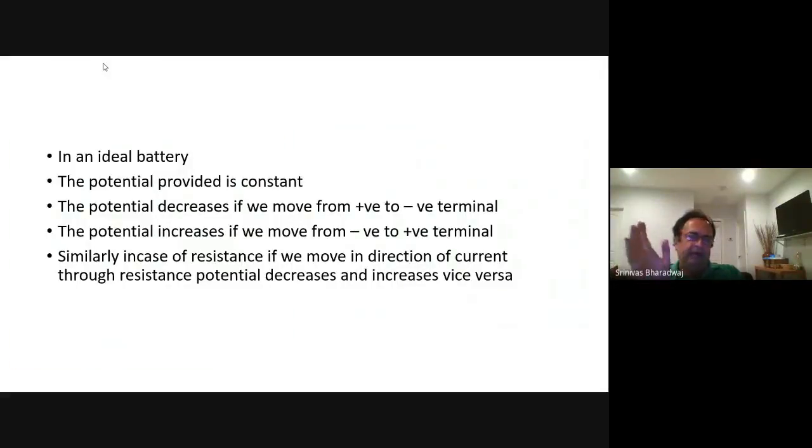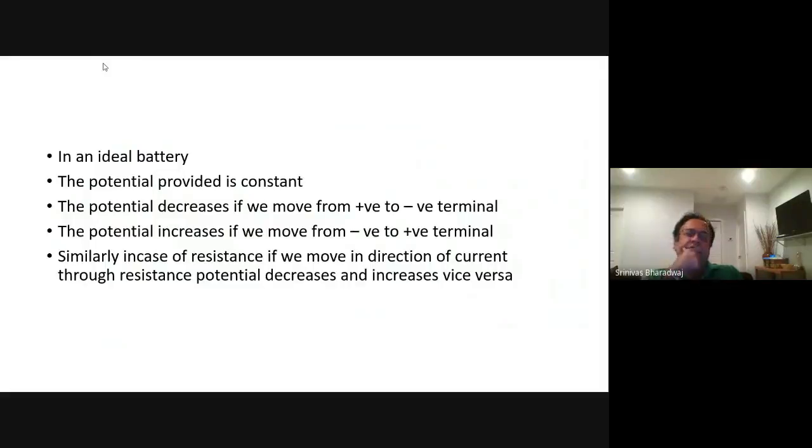you end up with this term called power. In an ideal battery, the potential that it provides will be constant between the terminals, but actually, because it has some internal resistance, it is a little bit less than its peak value.